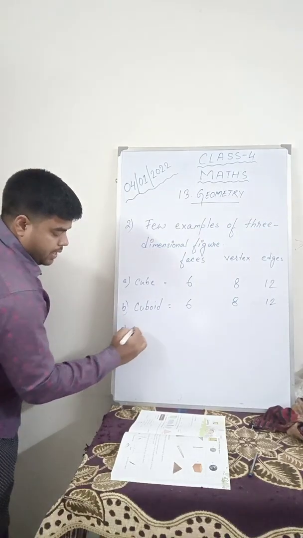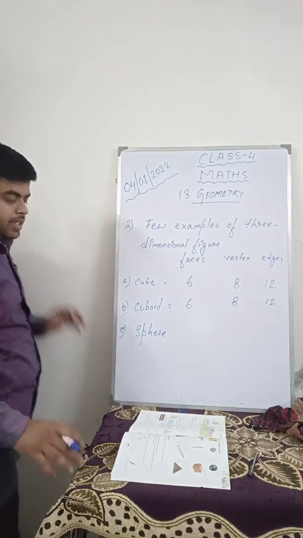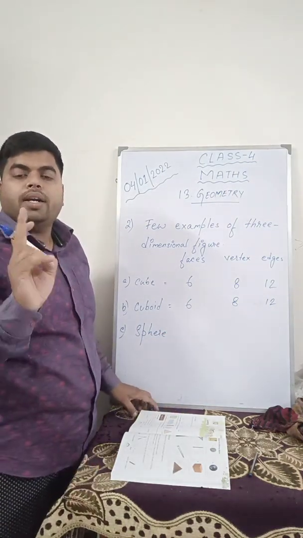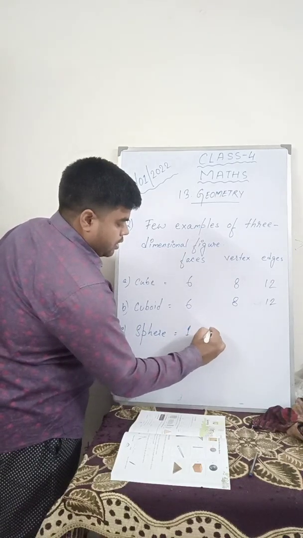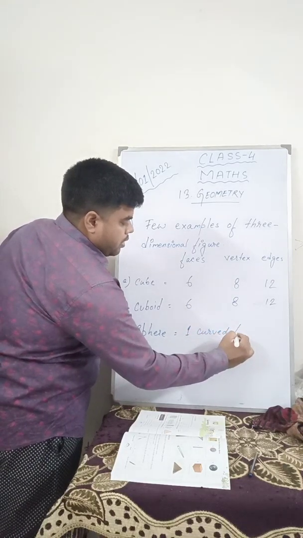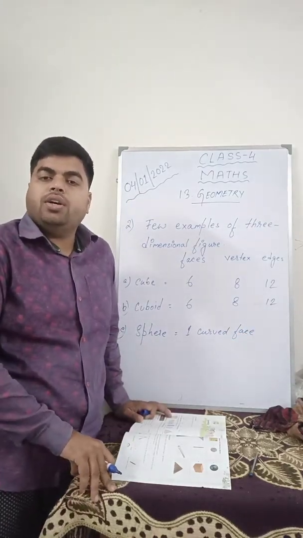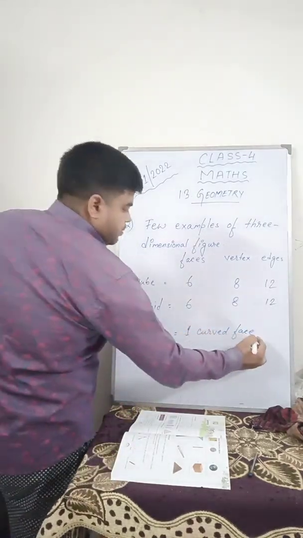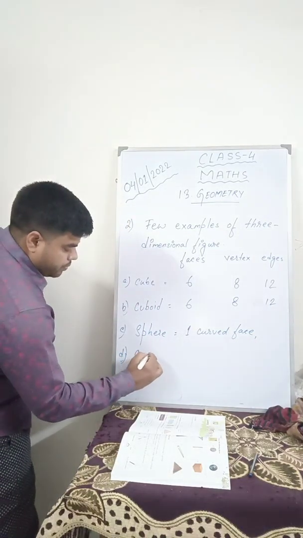Number C is sphere. In sphere, you will have one curved face. And there will be no vertex and no edges. Number D, cone.